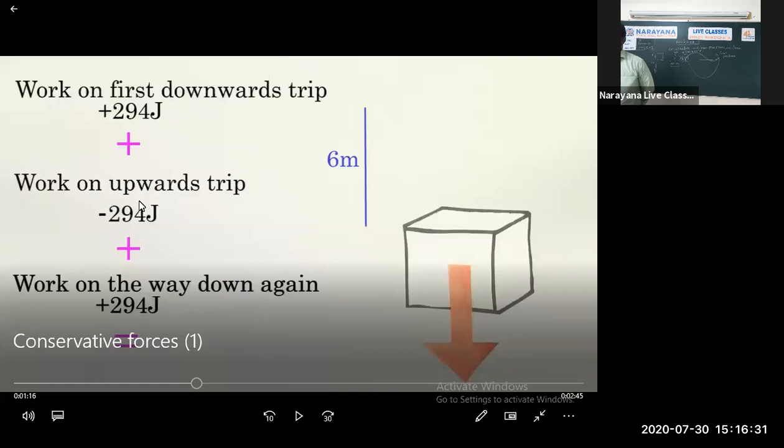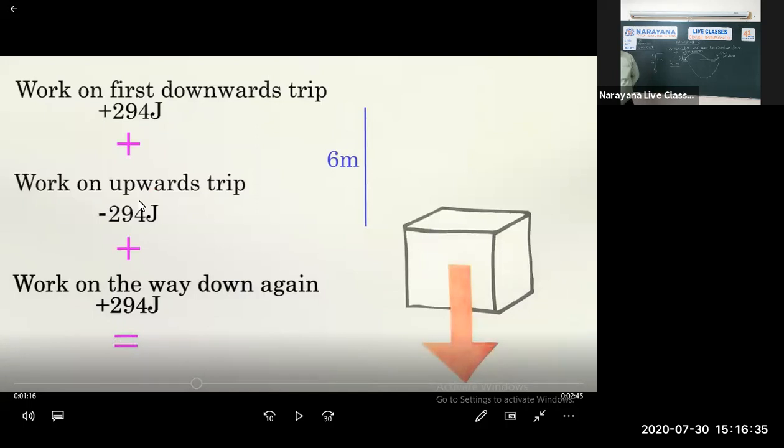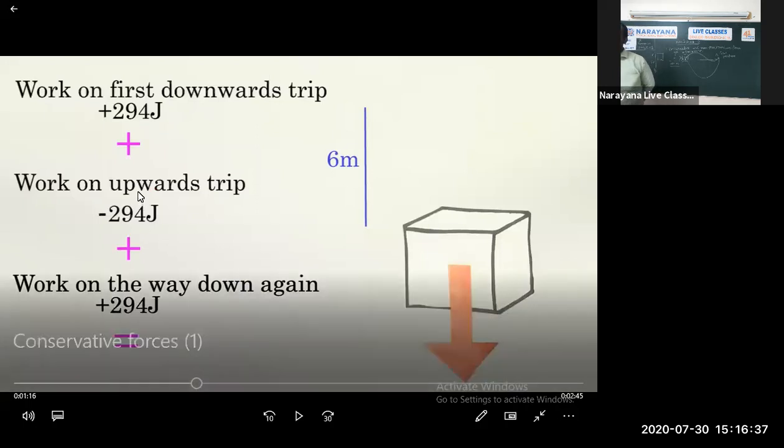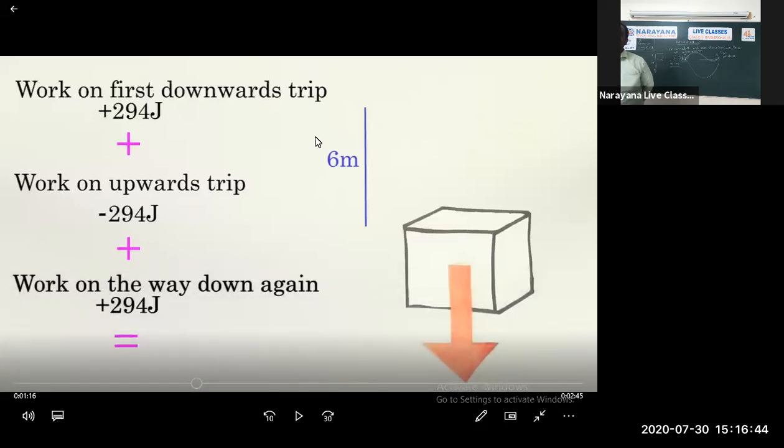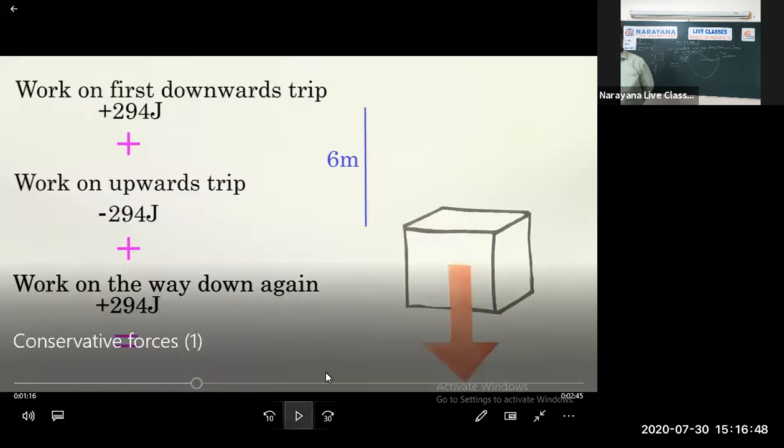If you add plus 294 and minus 294, what do we get? Work done will be 0. That's why, in a round trip, if the work done by a force is 0, then the force is a conservative force.